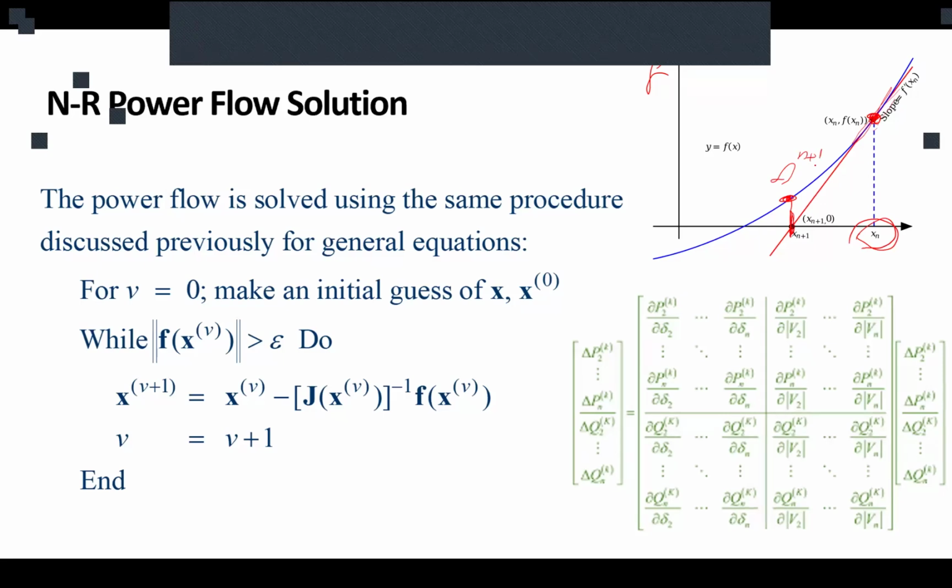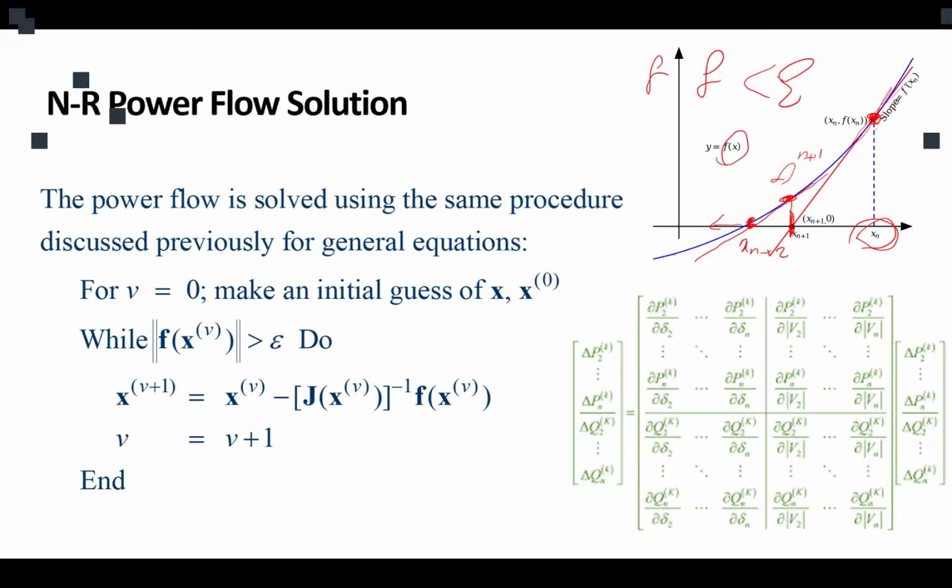This is still not 0, correct? Again, we calculate the differential. We hit this point. This is x n plus 2. See, now we are closer to 0. And again, and again, and again, you might even go to the other side and have to come back. That's not a big deal. You do this iteration until the value of F is lower than a certain acceptable error. And then you stop. You say, okay, that last guess is accurate enough. I want to use that.